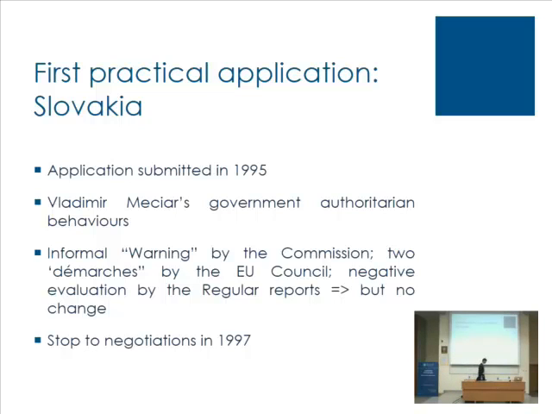While, for instance, Romania and Bulgaria were in some way rejected because of economic reasons, and started negotiation only in 2000, with Slovakia the rejection was for political reasons, concerning the political criteria.